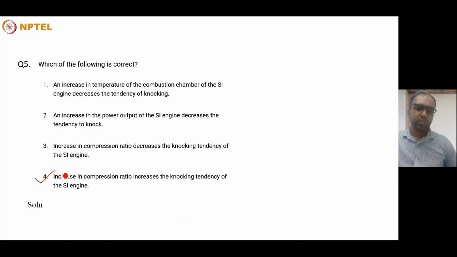So an increase in compression ratio increases the knocking tendency in the SI engine because of an overall increase in temperature and pressure.